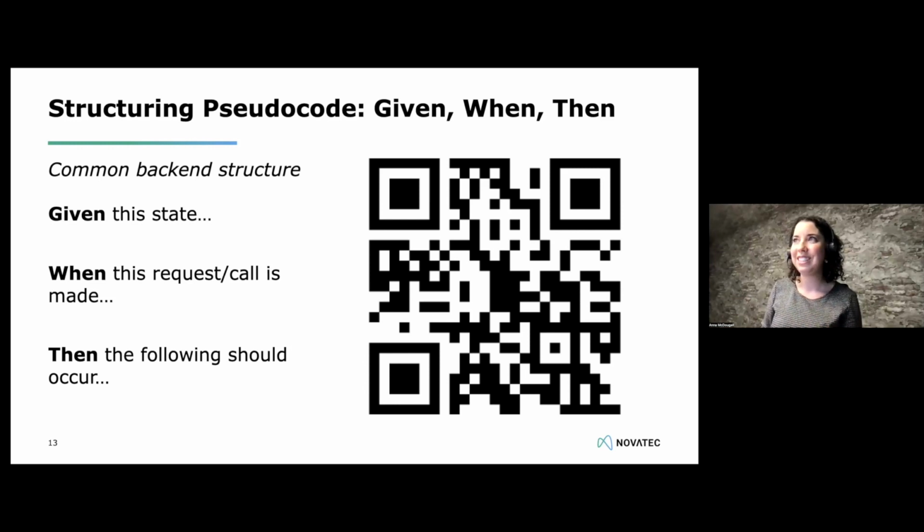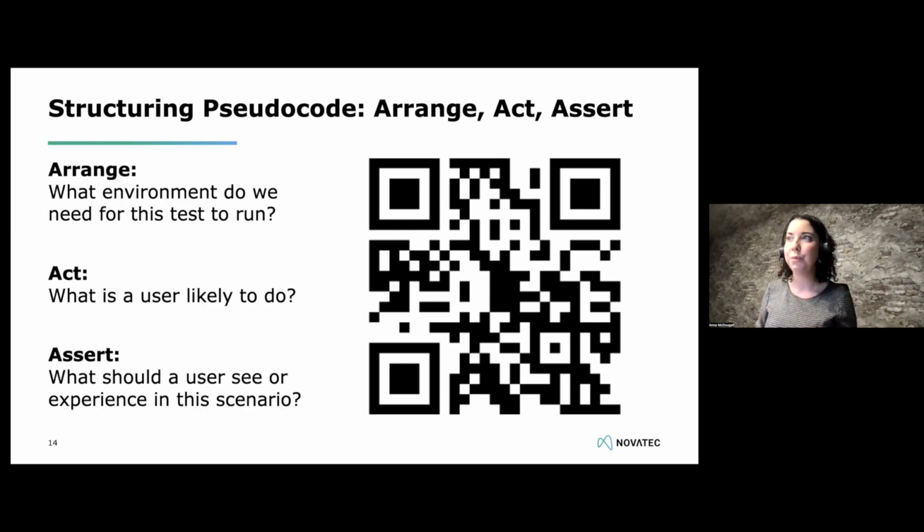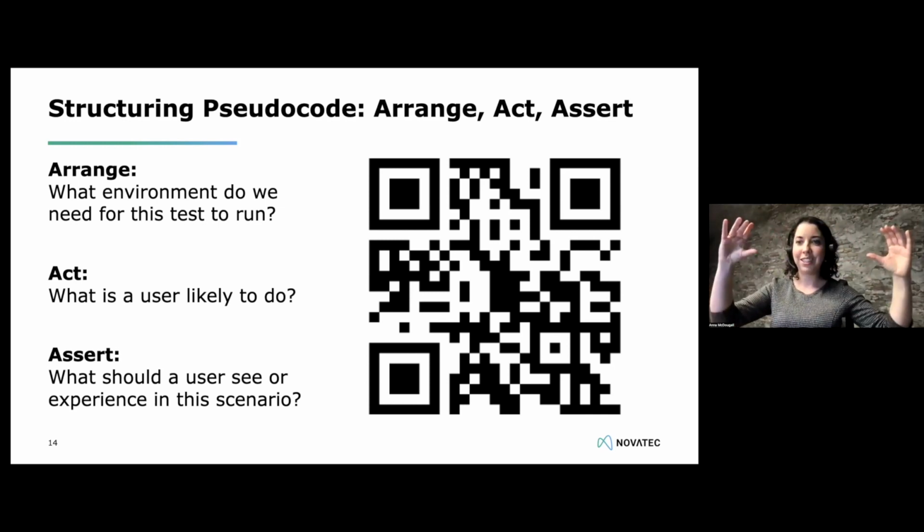And you'll see it's very similar to how I like to structure my tests, which is exactly the same idea, just with different words. So there's no right or wrong, it's just whatever works for you. It is arrange, act, and assert. So for me, arrange is saying, what environment do we need for this test to run? How do I put the pieces together to start the situation in which this test can be executed appropriately?